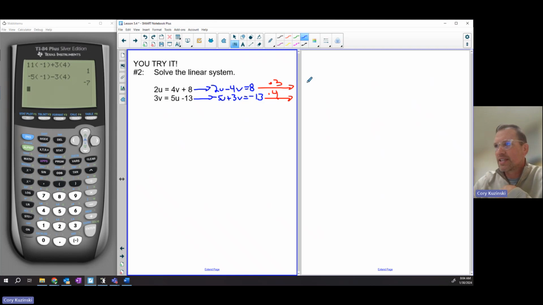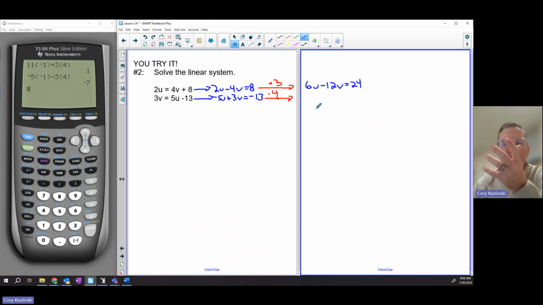So let's do 6u minus 12v equals 24. I multiplied everything by 3. And on the bottom, multiply everything by 4. So negative 20u plus 12v equals negative 52. There we go.